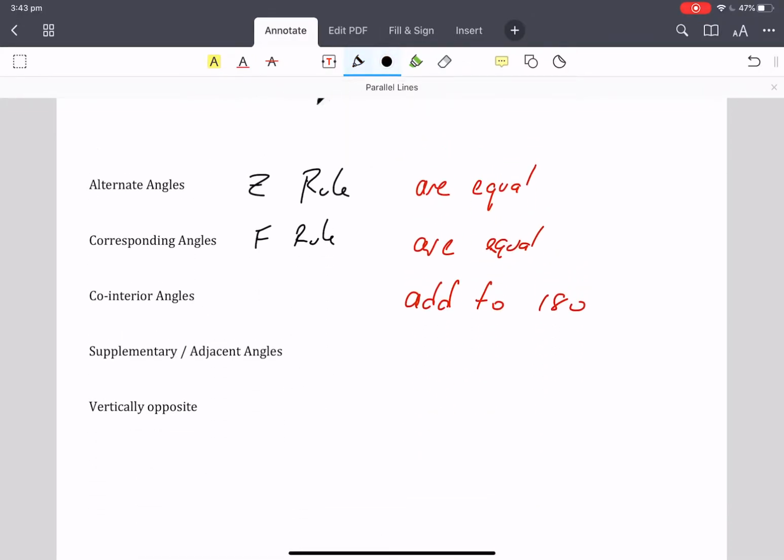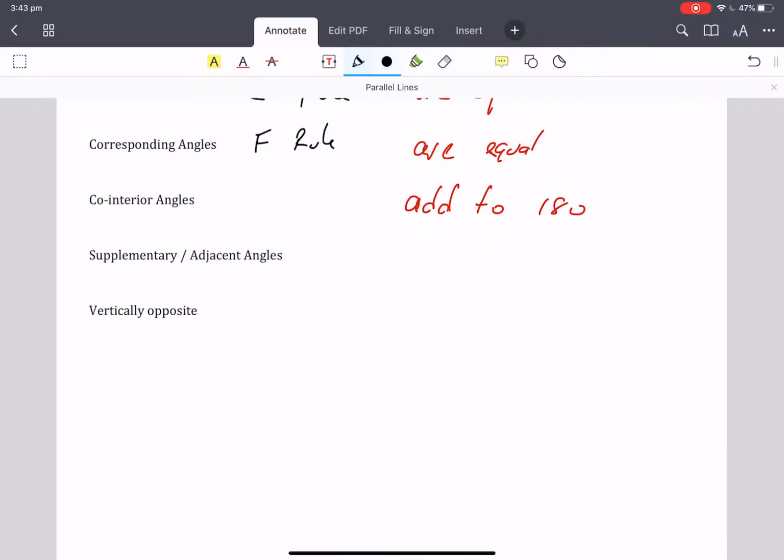What else have we got? Supplementary and adjacent angles. Well, I'm going to draw that down here. It's confusing how they've got two names, but both of them mean the same thing. Adjacent is another word for beside.